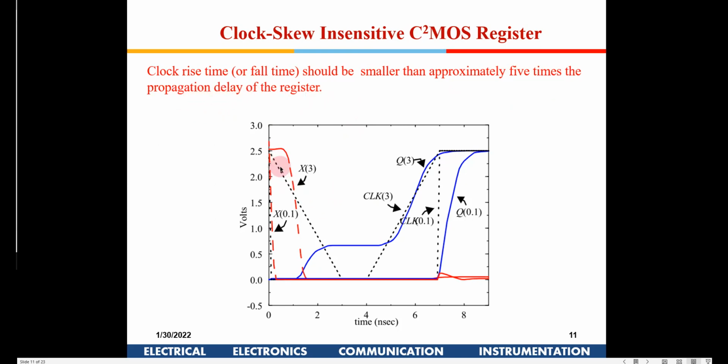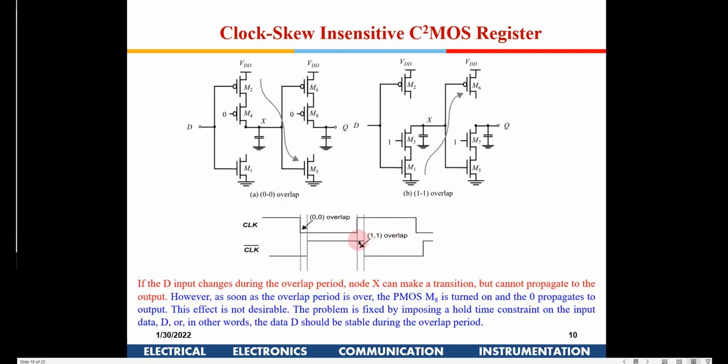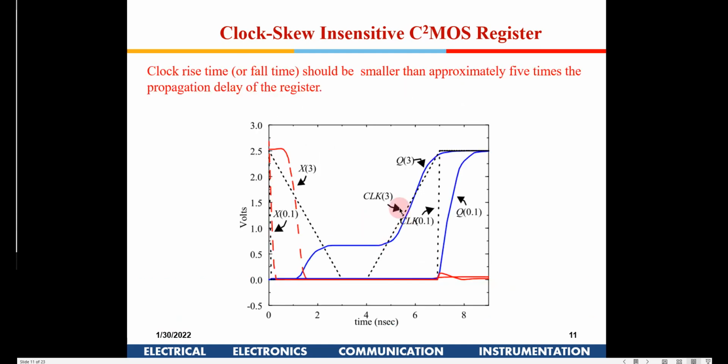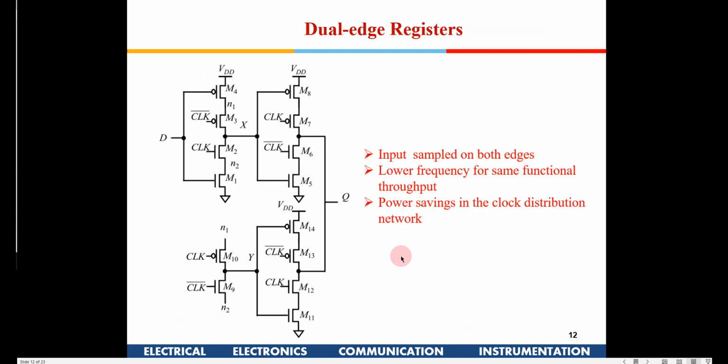Obviously, if the rise time and fall time of the clocks are very high, the data can get corrupted, because if the clocks are rising and falling very slowly, you are actually introducing jitter in one way. So that can corrupt your data. So that is one restriction.